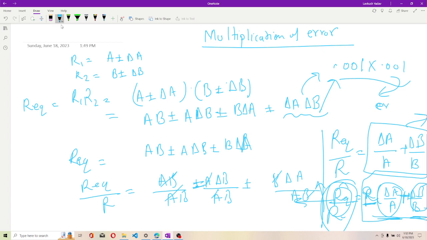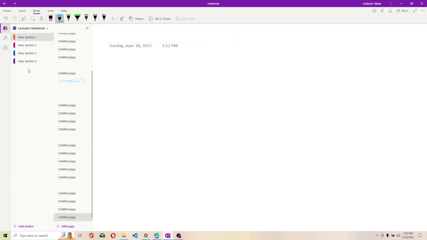So now let's take another page, in which we are going to see division, error in division.